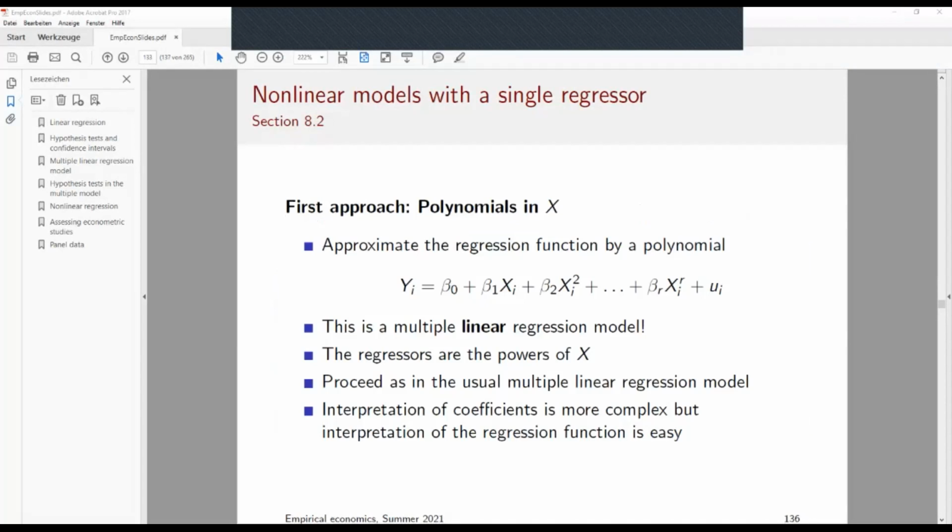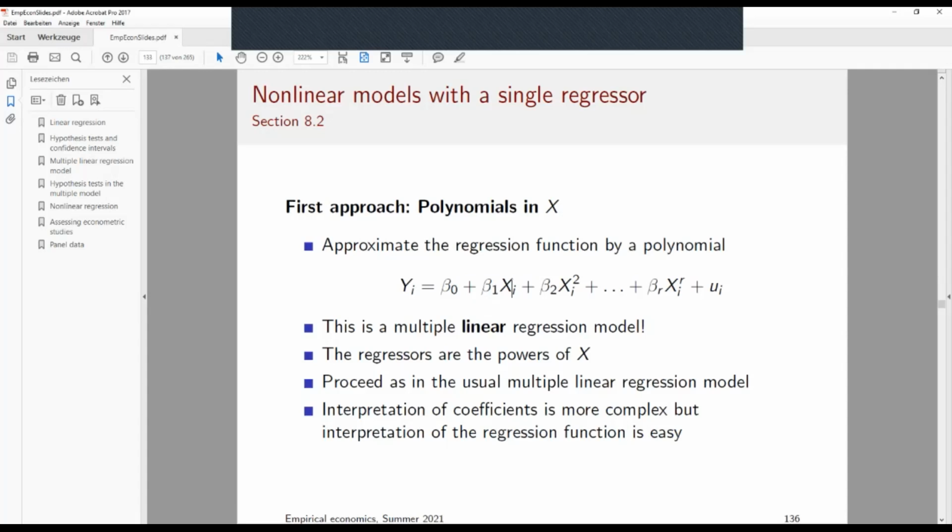The polynomial regression in x has the form that our dependent variable yi is now equal to something we already know, so beta 0 plus beta 1 xi. That's something we've seen from day one on. But now we also add higher order polynomials to the regression.